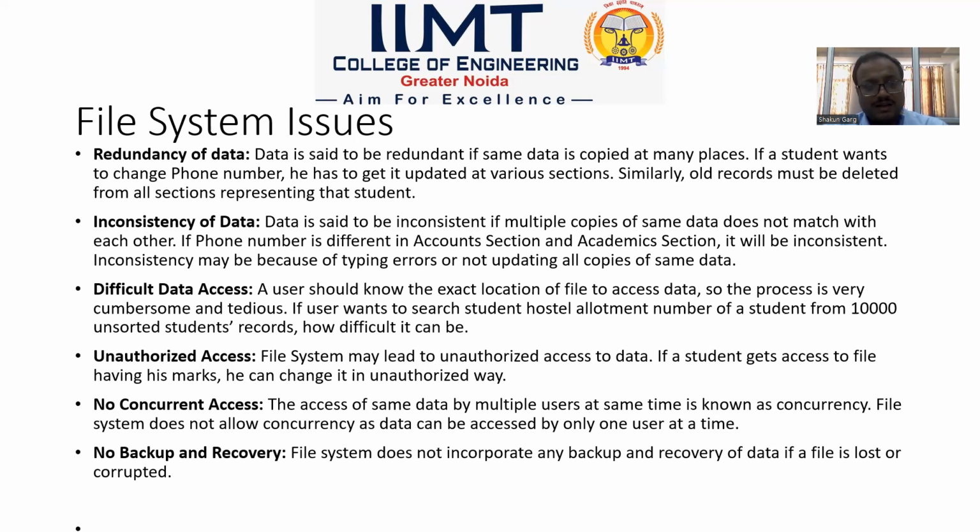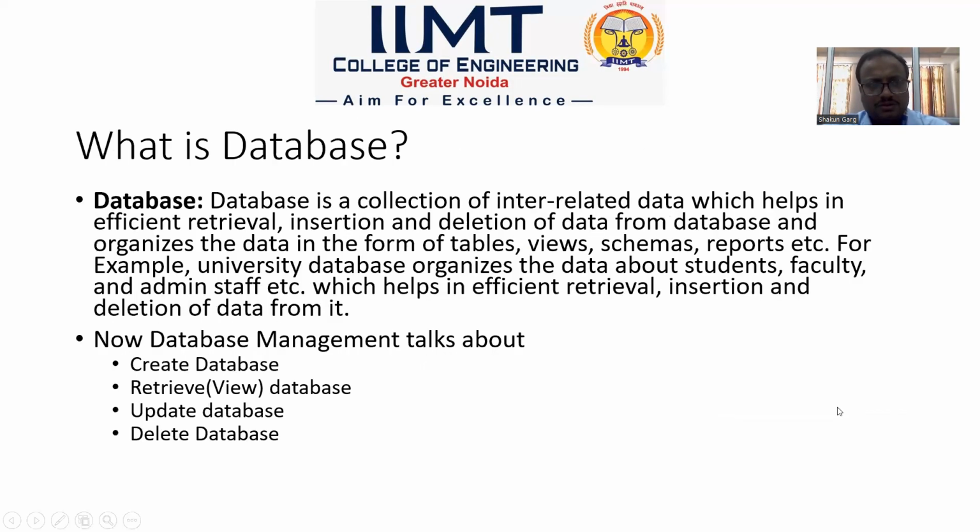If our database is collapsed or corrupted by natural disaster, then there is less chance of backup and recovery in the case of file system because data is stored at local level. If there is a flood, then data in file system may be corrupted and there is no backup and recovery plan. These are some issues.